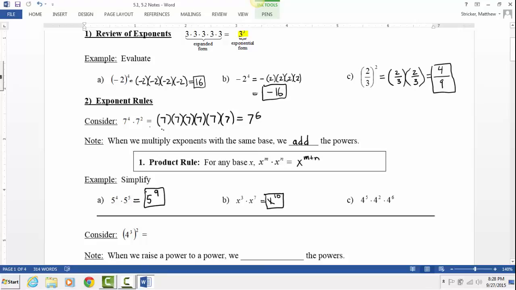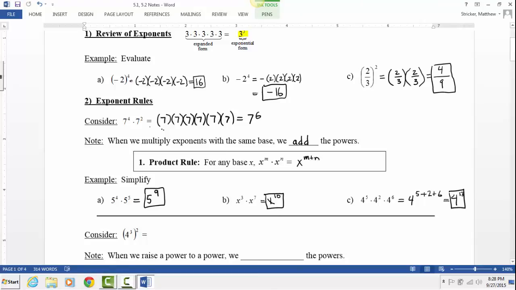And then the last one, even though we have 3 exponents here, that's okay. This is going to be 4 raised to the 5 plus 2 plus 6, which of course is the 13th power. So this is 4 to the 13th power. That's how you use the product rule.